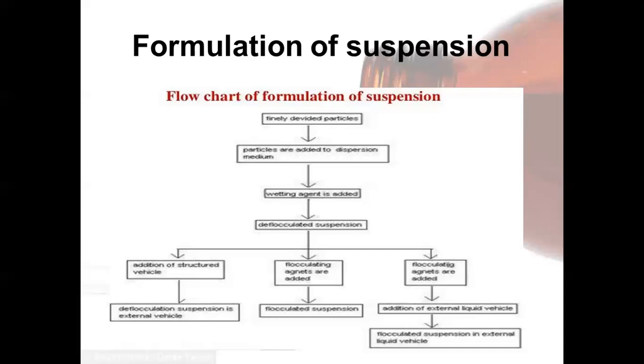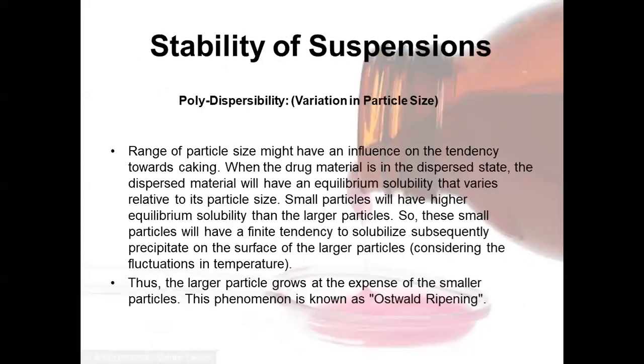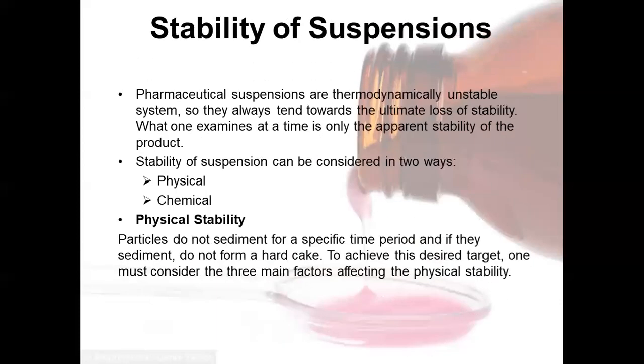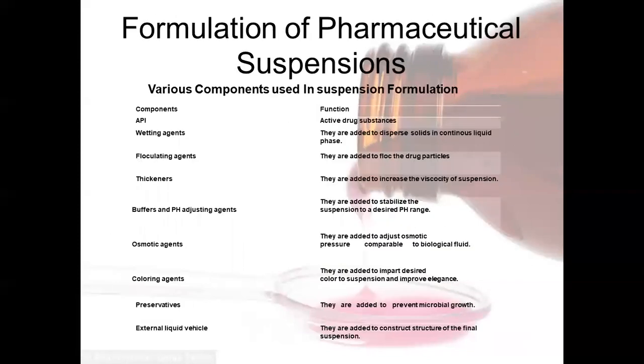These all things I have already covered in this slide, the various components used in suspension formulation, that is, what should be the weighting agents, flocculating agents, thickeners, buffers. So for formulating the suspensions, these all are used.